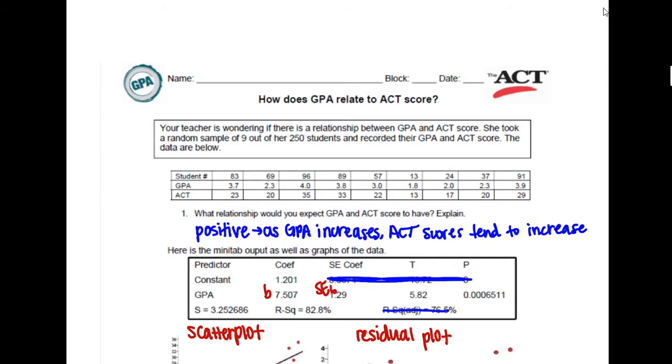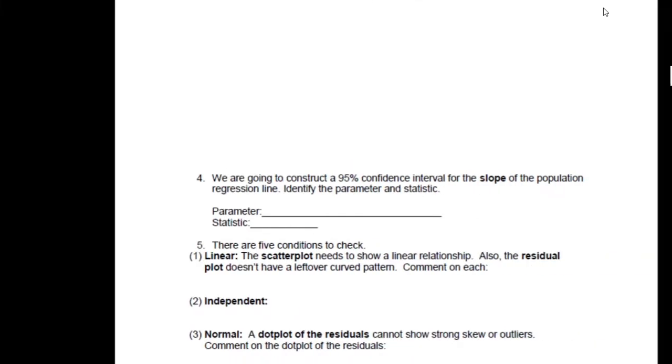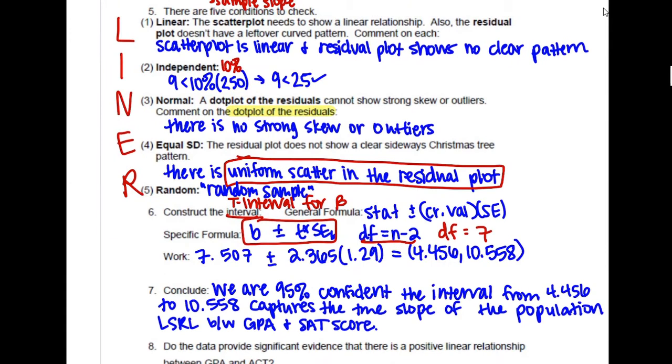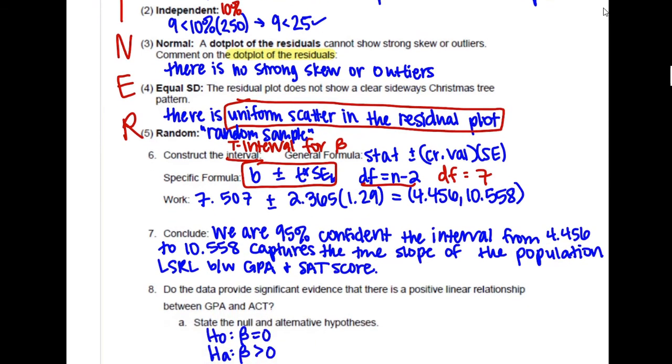This is not the T star. So I'm just going to write that because we got 2.365. We know how to find T star. And then that gets us our interval. This conclusion is the same as always. We are 95% confident the interval from blank to blank captures the true blank. So it's always the same as before.